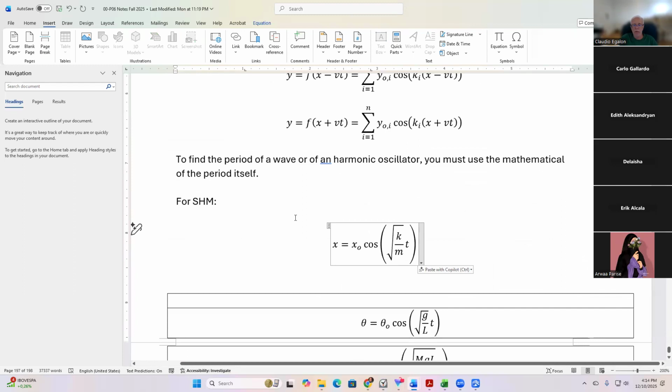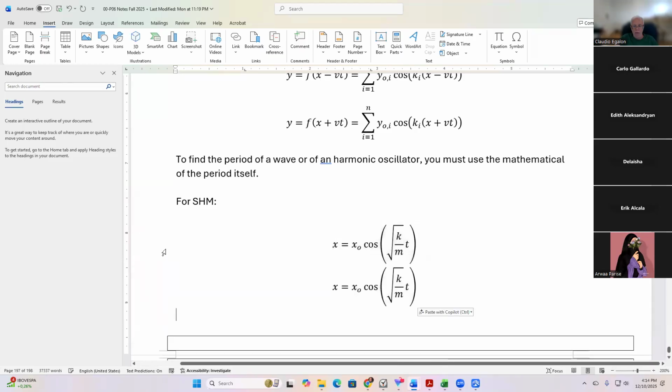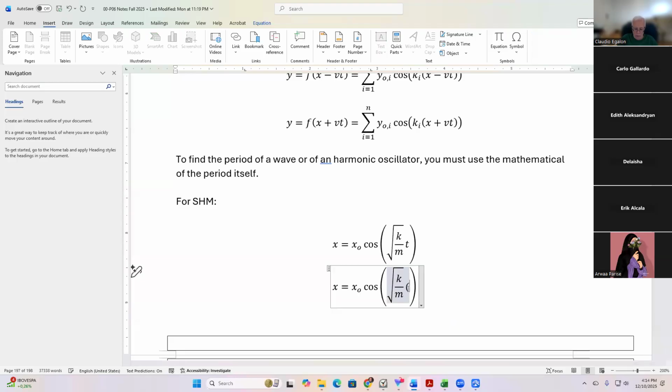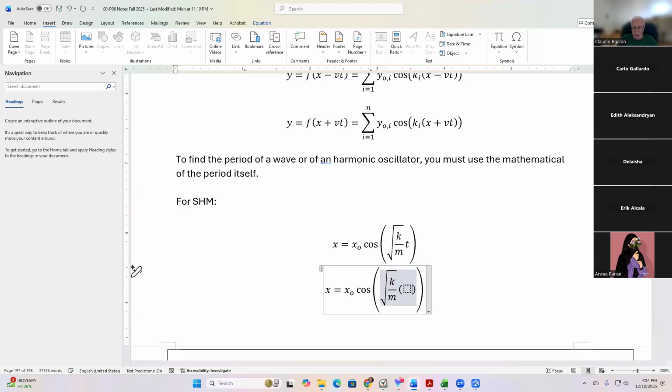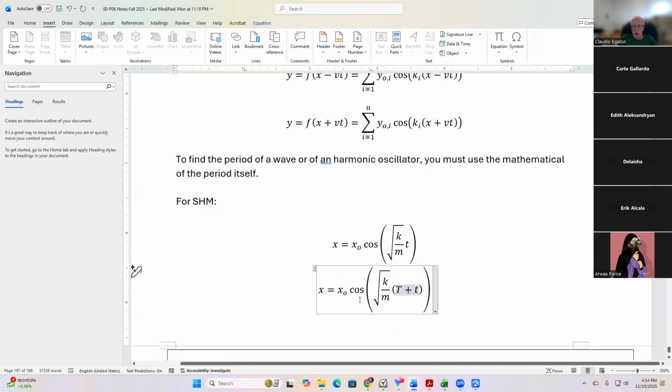The period of the oscillator is going to be that amount of time in which this relation here equals this other relation here.